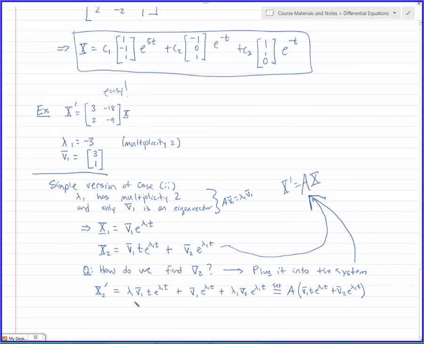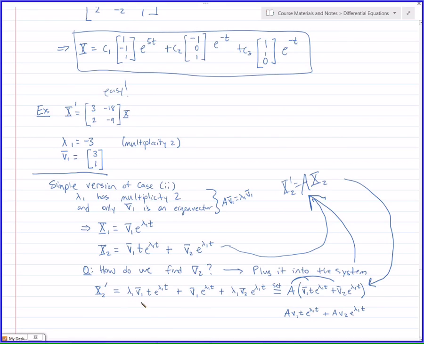This is just x2 prime equals ax2, like that. All right, so what I'm going to do, I'm going to distribute this, which gives me a v1 t e to the lambda 1t plus a v2 e to the lambda 1t.